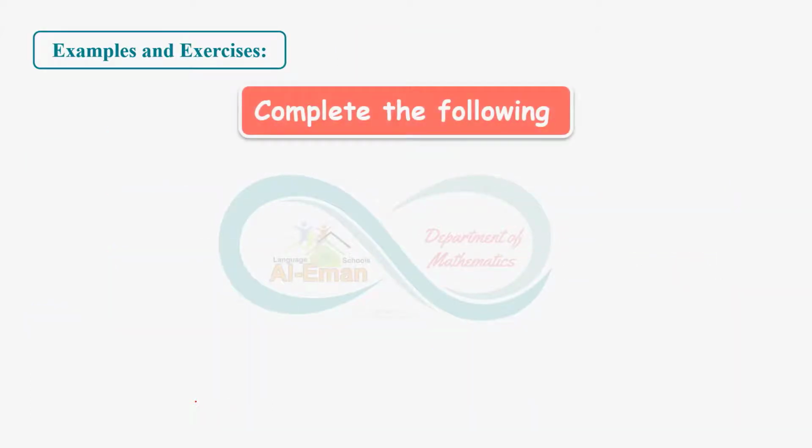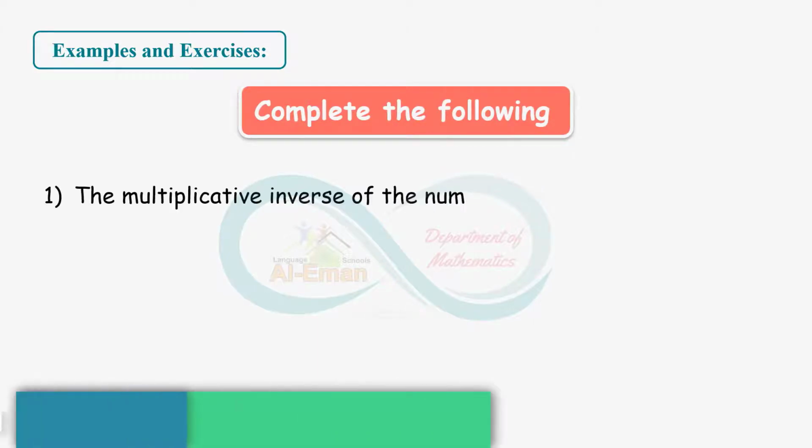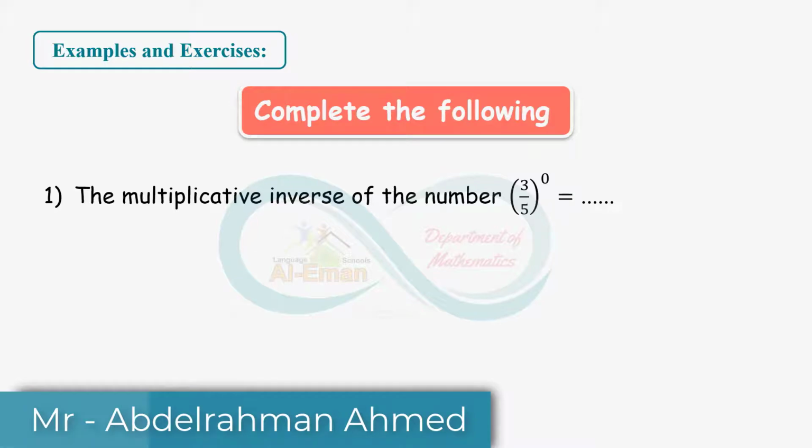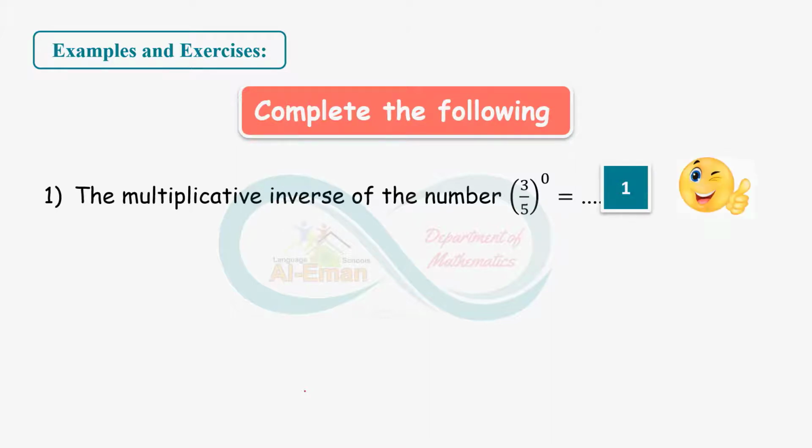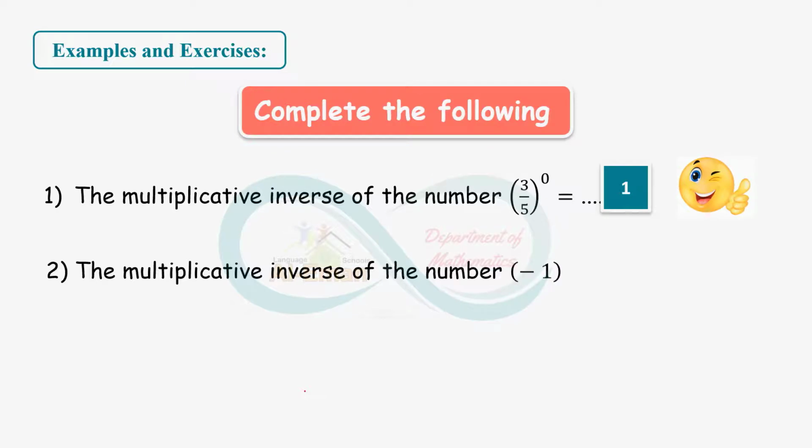Complete the following. The multiplicative inverse of the number 3 over 5 all to the power 0 equals... take your time. Bravo! The next question: the multiplicative inverse of the number -1 all to the power 3 is... focus.